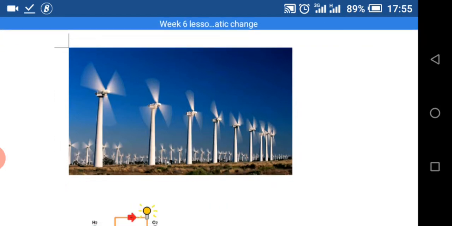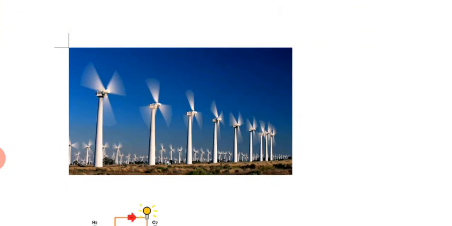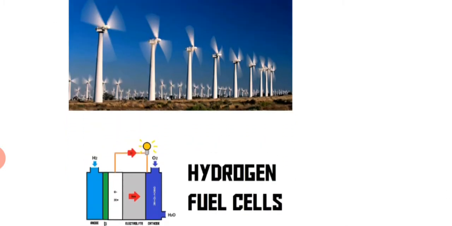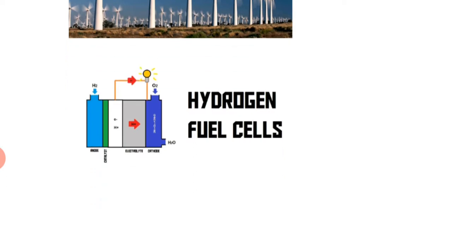You can see the picture of wind power. That is, the blowing of wind has been used to generate electricity. Another one is energy from tides. And also we have hydrogen fuel cells. That is, hydrogen fuels can also be used to generate electricity instead of us using fuels that cause climatic change.